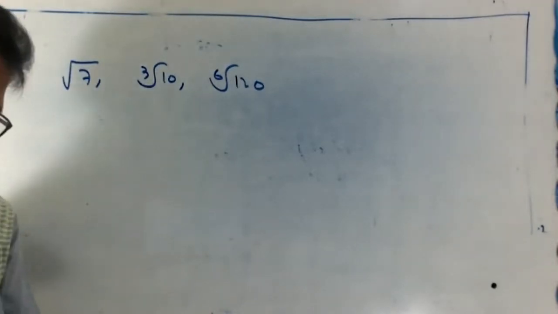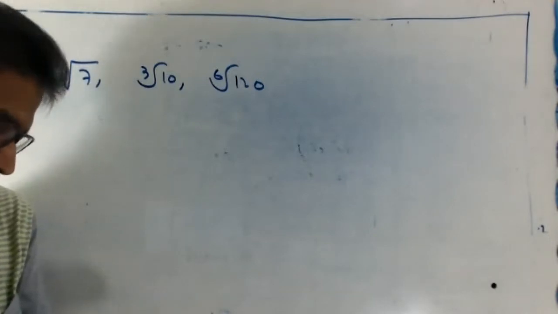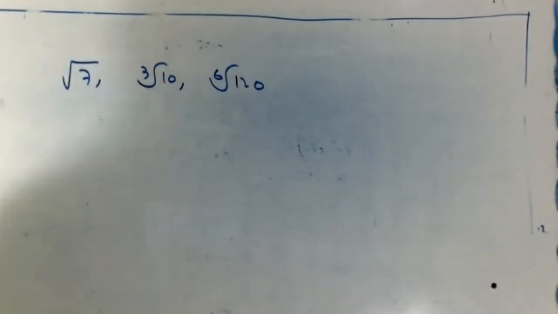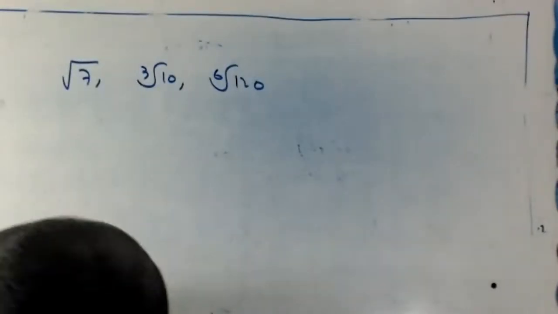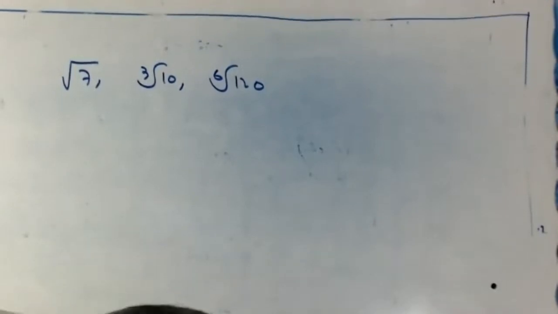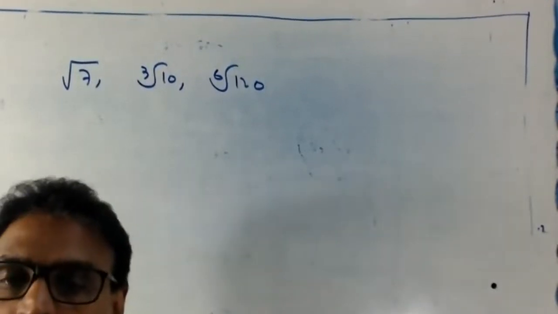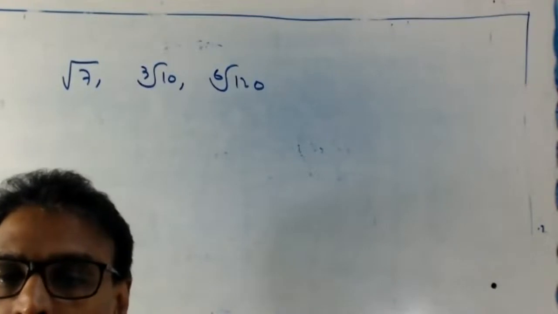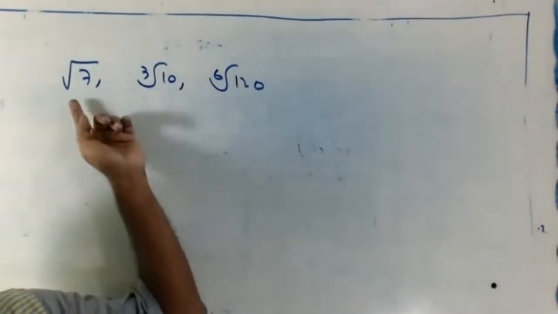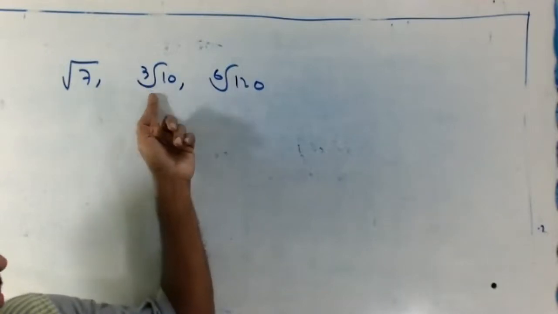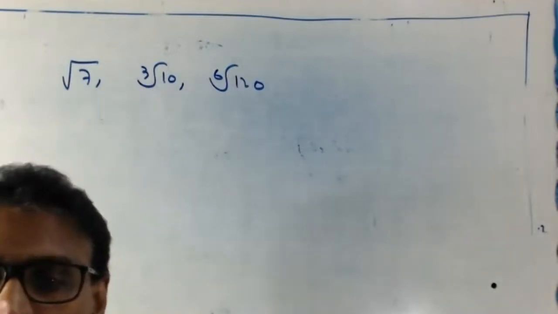Okay, clear now? Everyone can see now. I can see here: square root of 7, cube root of 10, 6th root of 120.